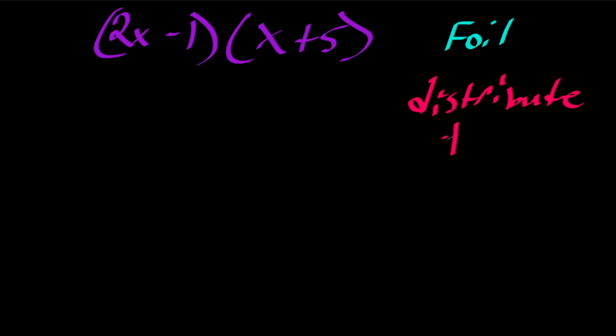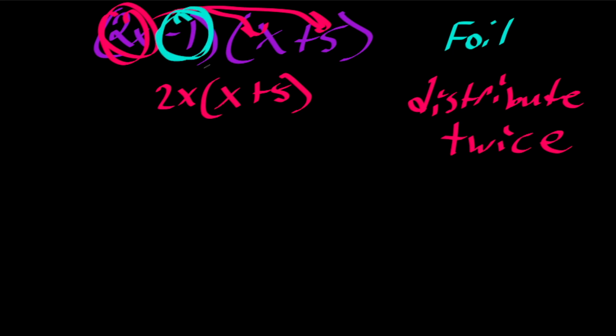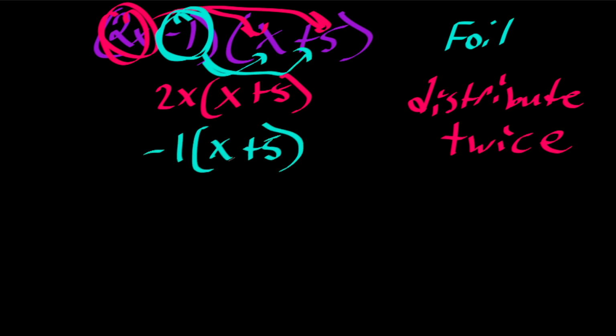So when you distribute twice, you're going to take 2x and distribute that to x and 5, so it would look like 2 times x plus 5, that would be the first round of distributing. The second round of distributing would be -1 to x and to 5, so that would look like -1 times x plus 5. So once again, there's 2 ways you can do it. It doesn't matter really how you do it as long as you know what to do. But those are the 2 different options we have.